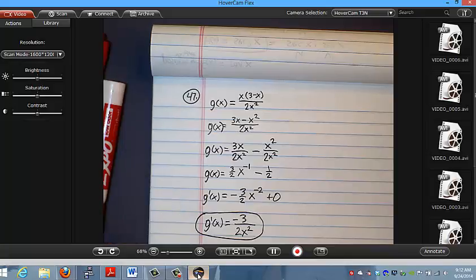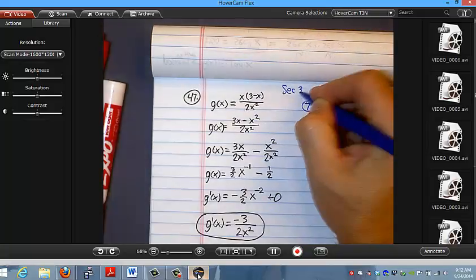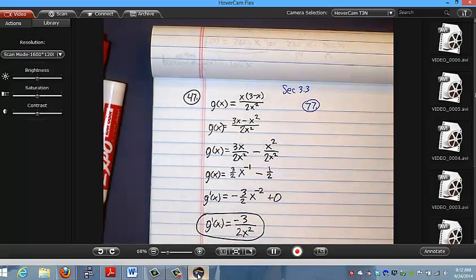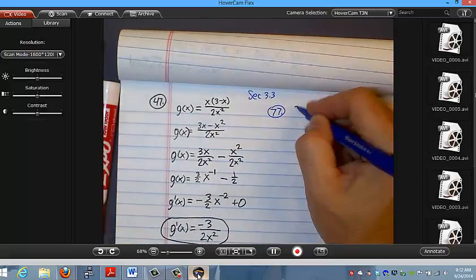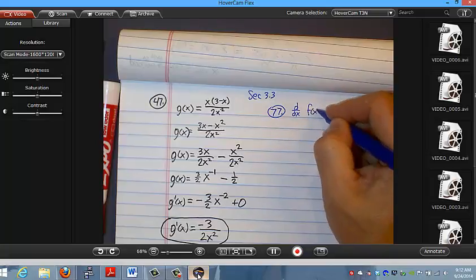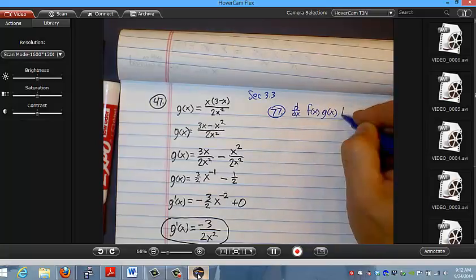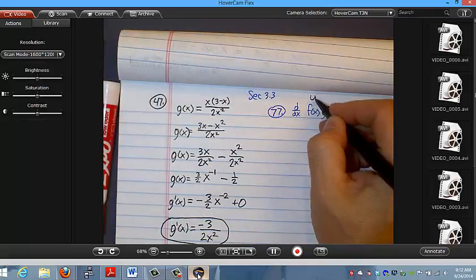So 77 says, and again, this is all section 3.3. Come up with a formula for the derivative of f of x times g of x times h of x. Okay. I guess if you're going to use the product rule, we need to have something called u.